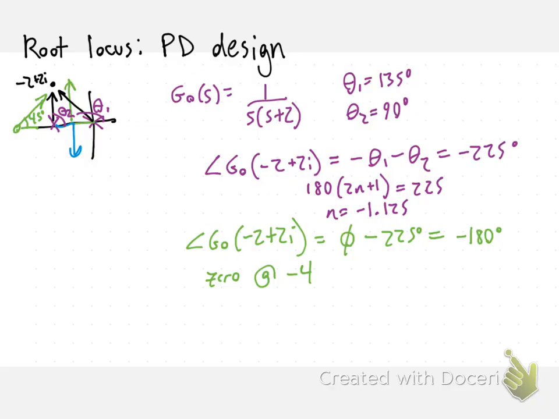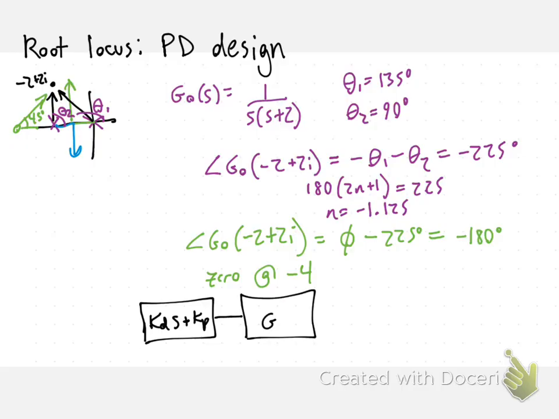So we are going to have a controller that will now be a proportional derivative controller. If we want to visualize it, we have some KD, our derivative controller, plus a KP, which will be our proportional controller. This will go to our open loop system, and we'll have a feedback control.